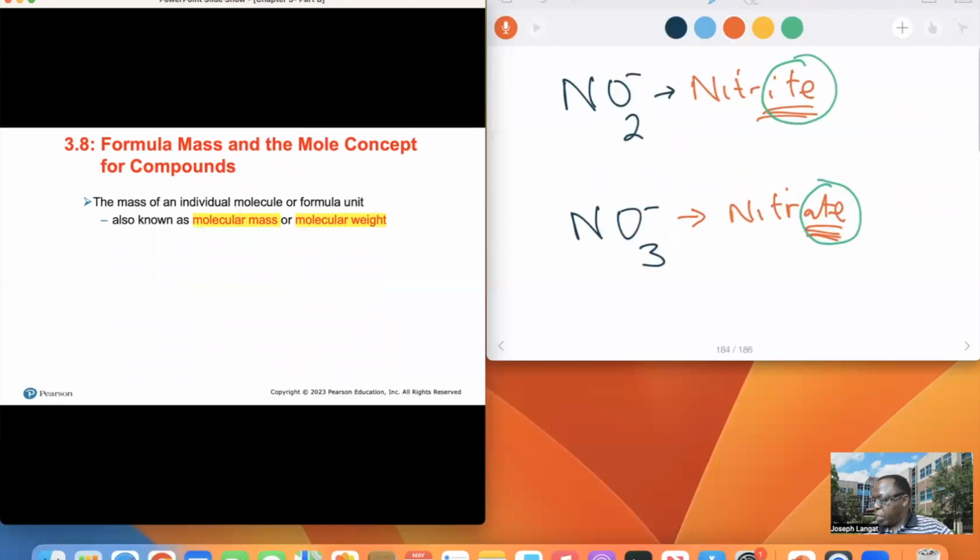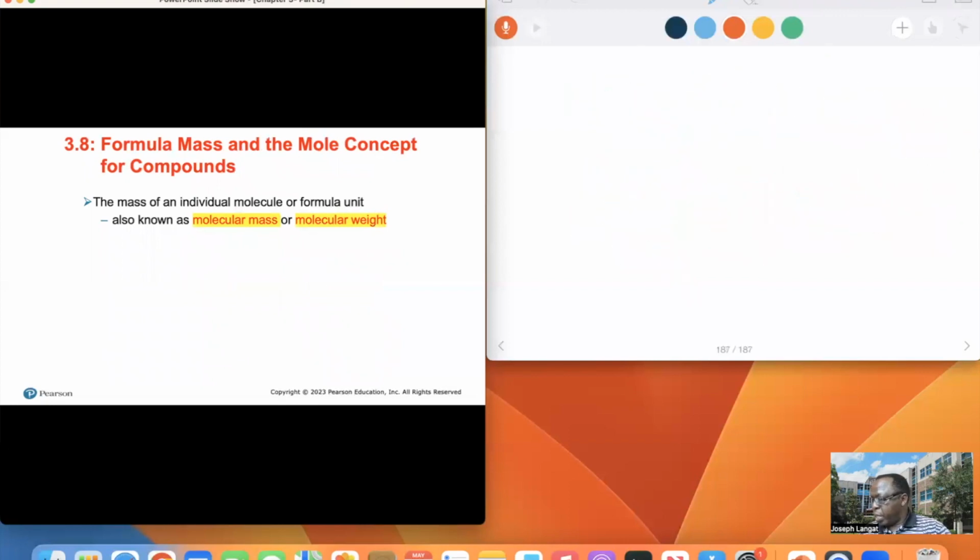Let's shift gears to 3.8, formula mass and the mole concept for compounds. What do we mean by formula mass? The mass of an individual molecule or formula unit.